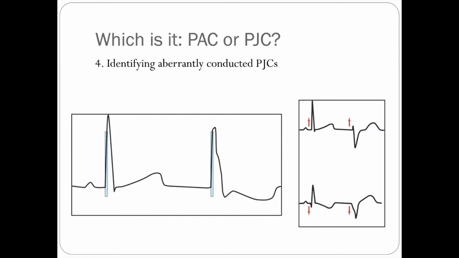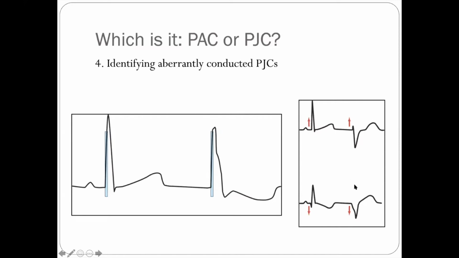So looking over here on the right-hand side at these two cartoons, pretend for a moment that this top one is one of the leads and this bottom one is a different lead at the same time in the same patient. You'll notice that this PJC right here begins its conduction in the same way that the normal QRS complex began its conduction.